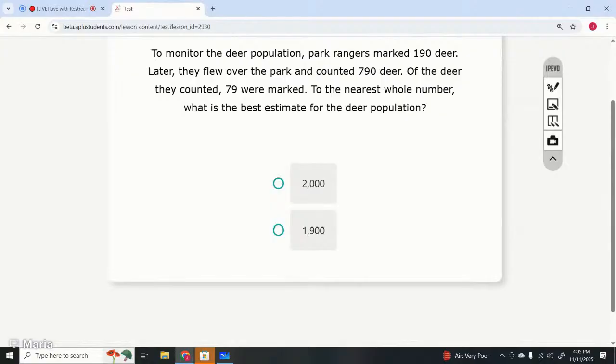Later, they flew over the park and counted 790 deer. Of the deer they counted, 79 were marked. To the nearest whole number, what is the best estimate for the deer population?